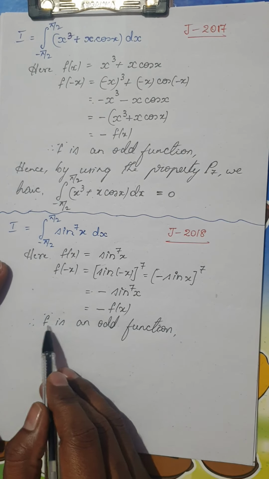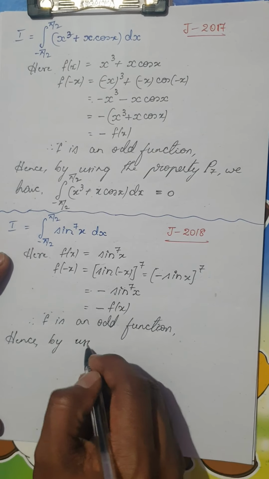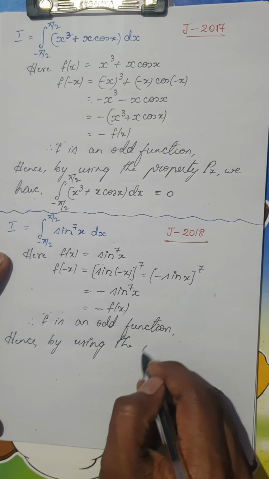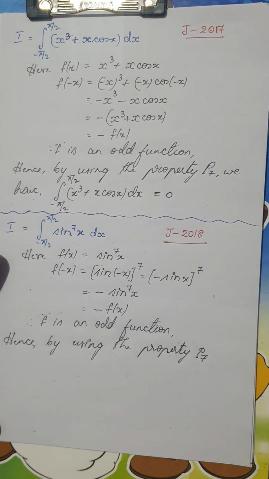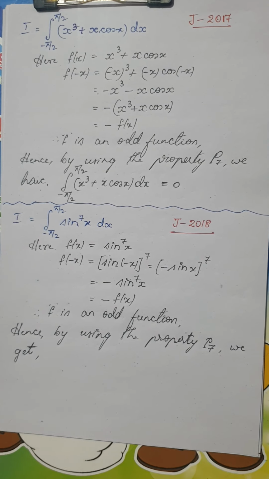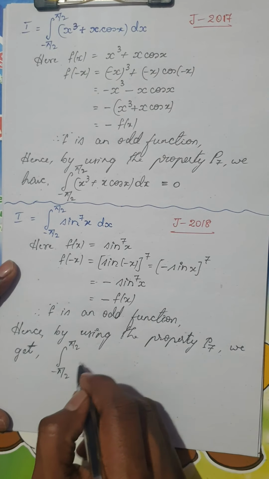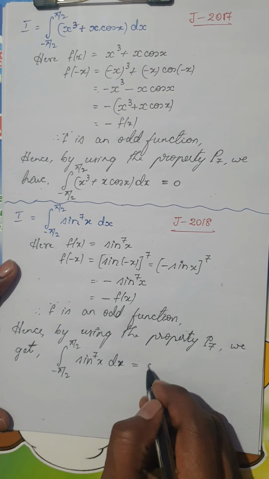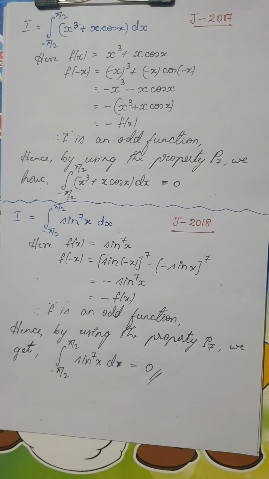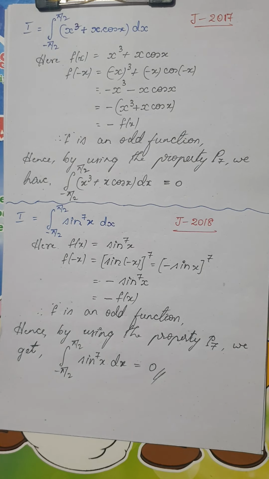So f is an odd function, hence by using the property P7, we get integral from minus pi by 2 to pi by 2 sine power 7x dx is simply 0. Very easy result. The only thing is you should know the property. If you are able to prove the property, the problem part is very simple.